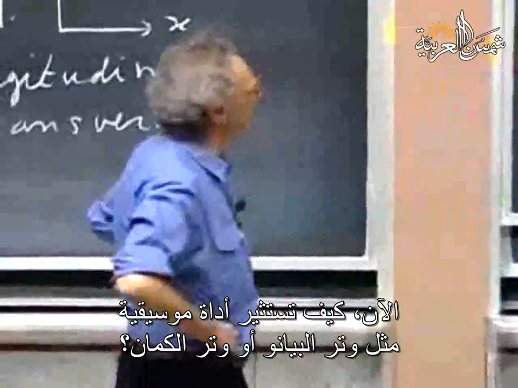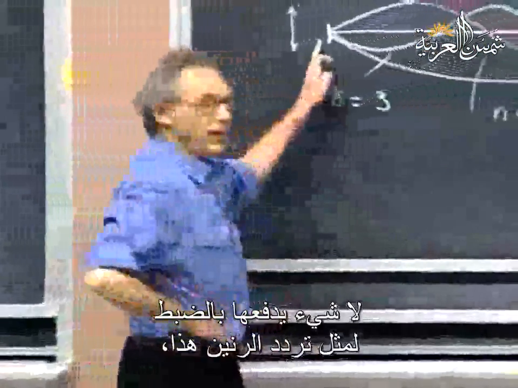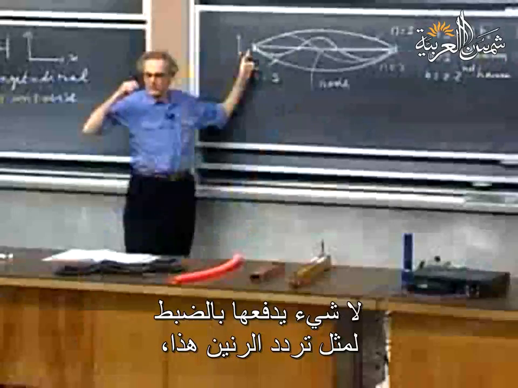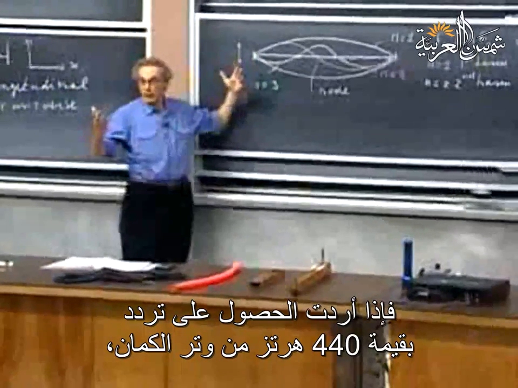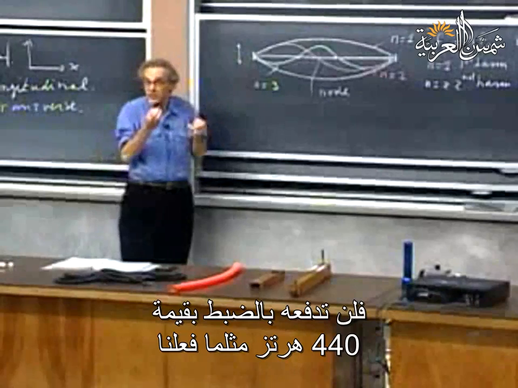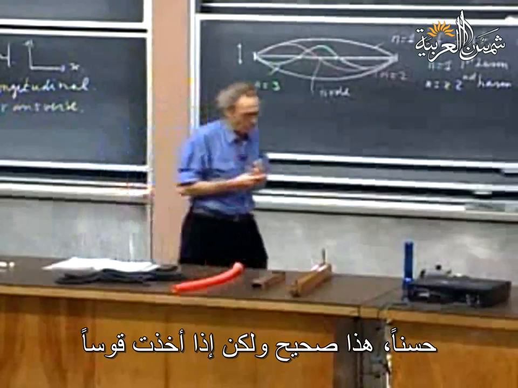Now, how do you excite a musical instrument like a piano string or a violin string? There is nothing that is driving it exactly at that resonance frequency. So if you want to get a 440 hertz out of a violin string, then you're not driving it exactly at the 440 hertz like we are doing. Well, that's true.